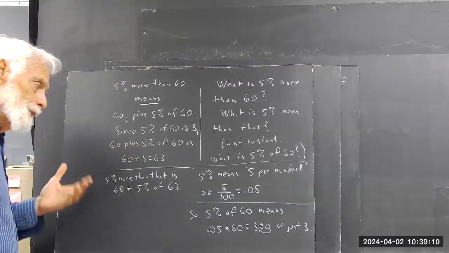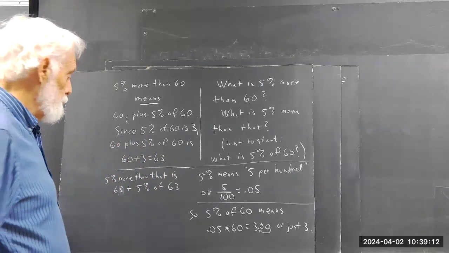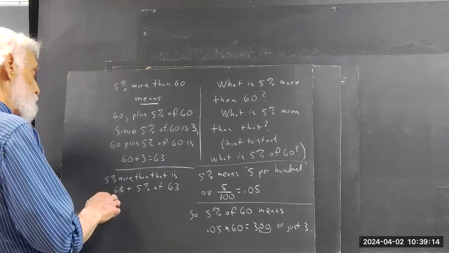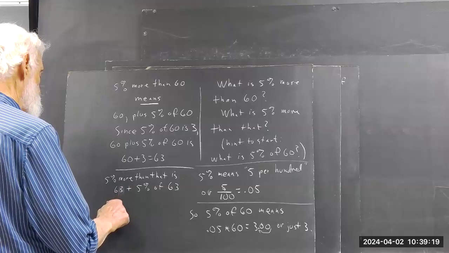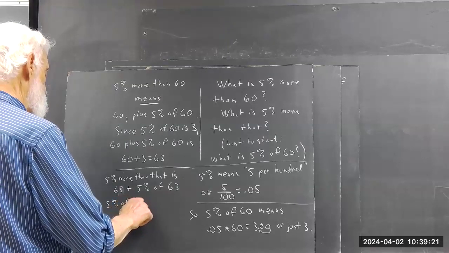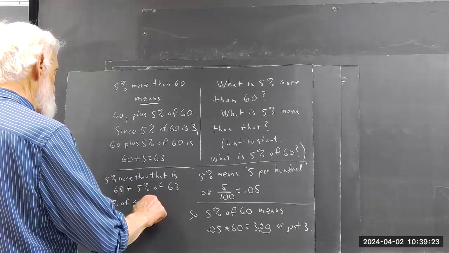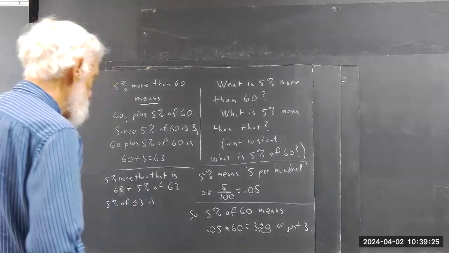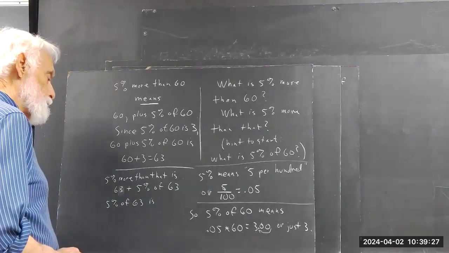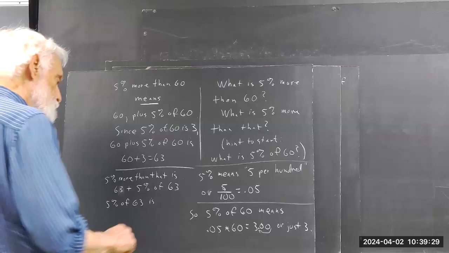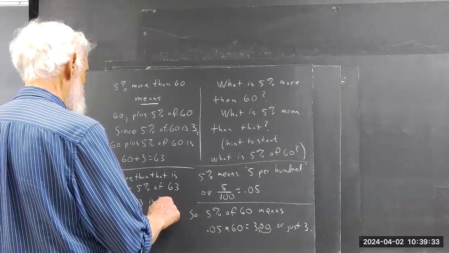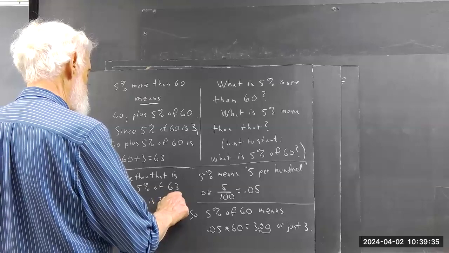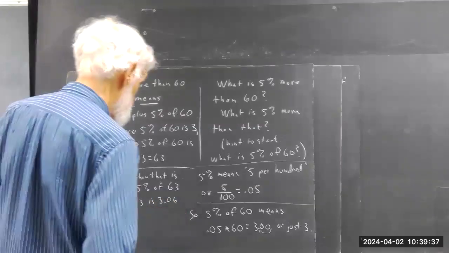So it's all exponential. Okay, so anyhow, 5% of 63 is 3.06.